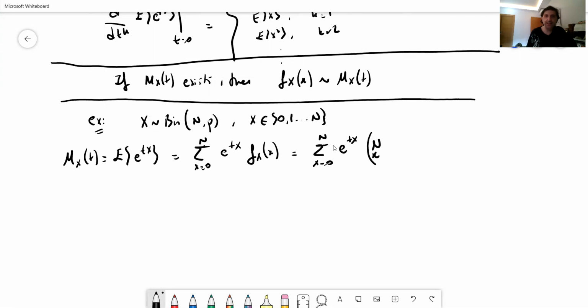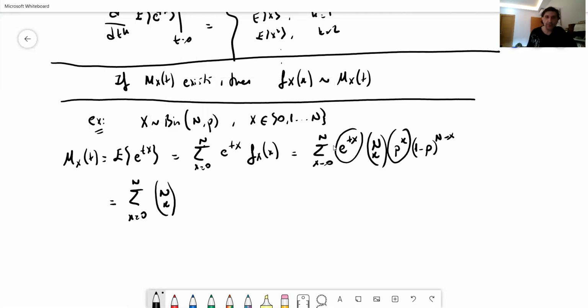Instead of that, n choose k, probability p to the power x, and 1 minus p to the power n minus x. Now this term and this term have the common power x, so we can write it as the sum from x = 0 to n of n choose x, and we are going to have exponential t p to the power x, times 1 minus p to the power n minus x.